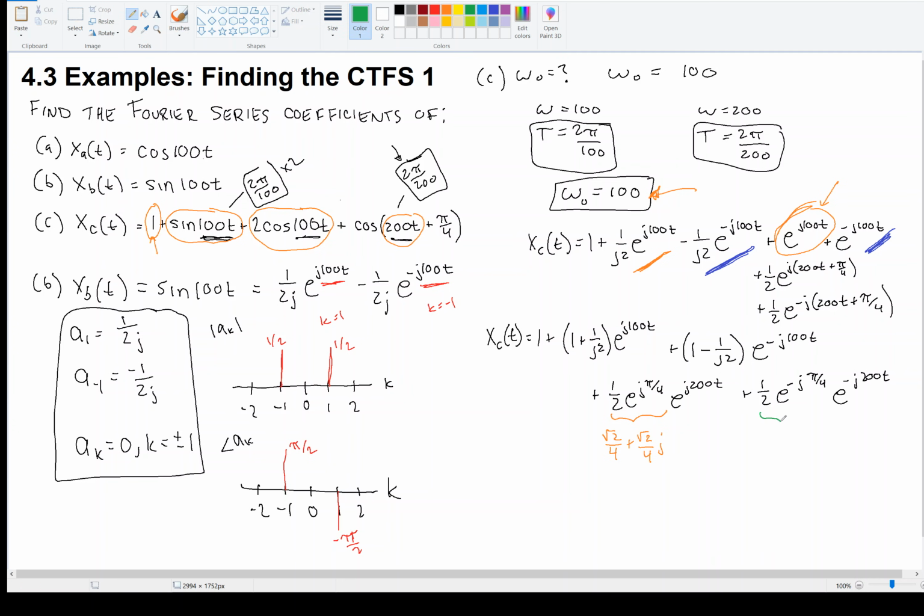And this thing here, if you find e to the minus j pi over 4 in the complex plane, right, that is square root of 2 over 2 comma minus square root of 2 over 2, and then we have the 1/2. So this is square root of 2 over 4 minus square root of 2 over 4j.